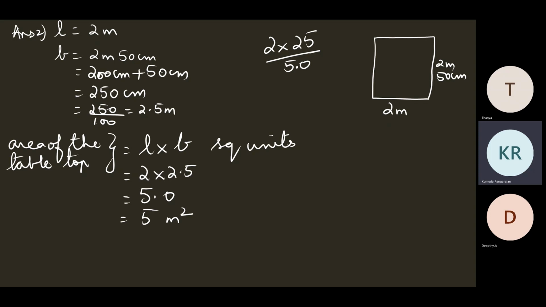So you should have length in meters and breadth also in meters. Length is already in meters, breadth is in meter and centimeter, so convert that to meter. Then use the formula L into B to find the area. The area is now in meter square because length is in meter, breadth is also in meter: 2 meters into 2.5 meters. Yes, I understood. Very good.